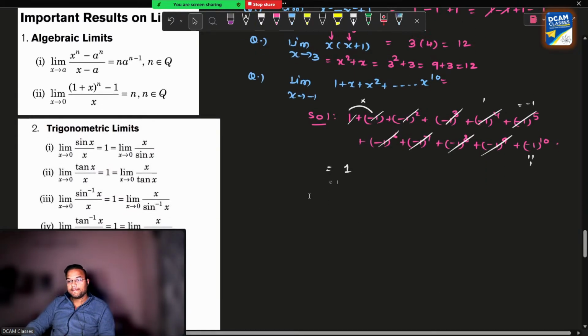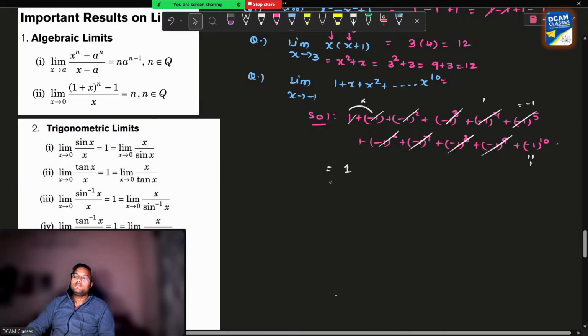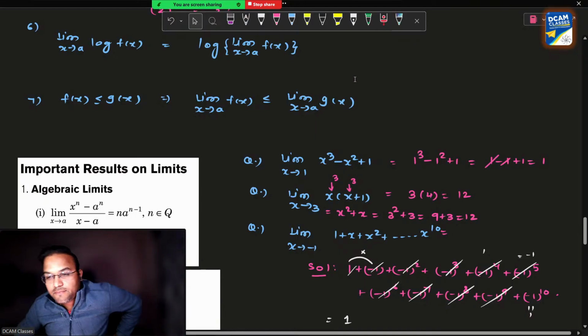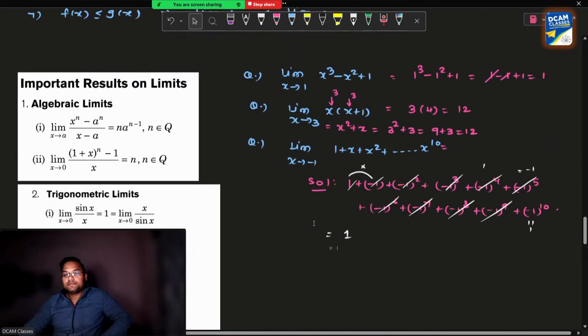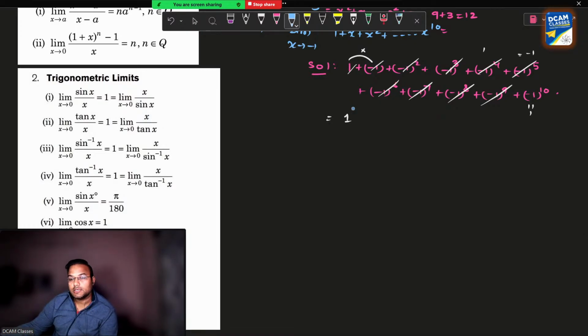Easy. Now coming to indeterminate forms. Usually we solve the questions of limits by applying just these properties that we have learned, like we have solved these three questions. Now sometimes when we solve questions of limits, we actually get answers in different forms.